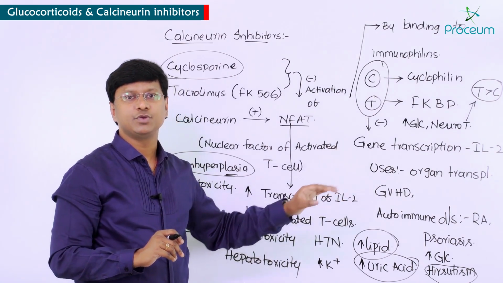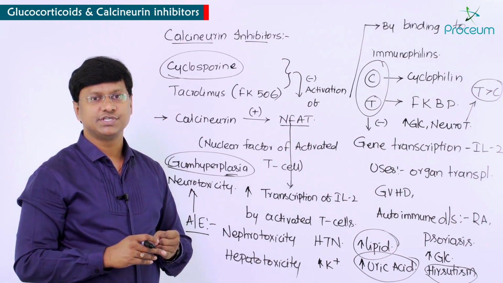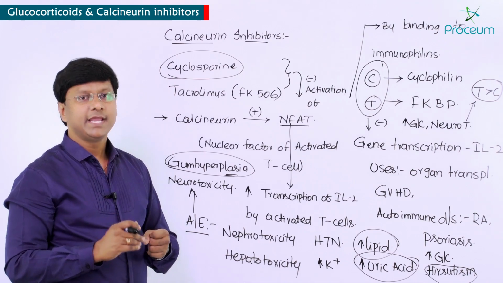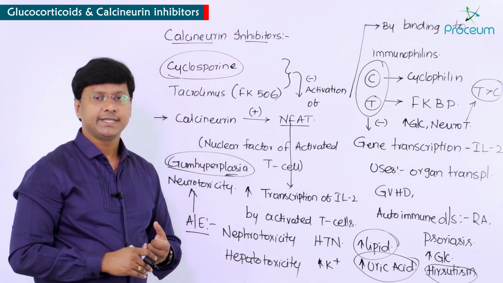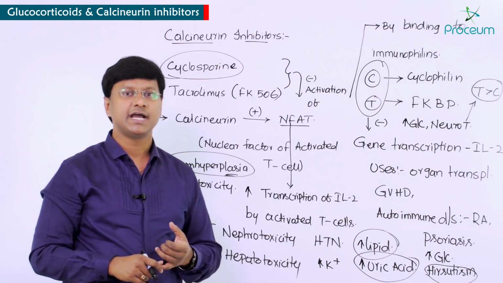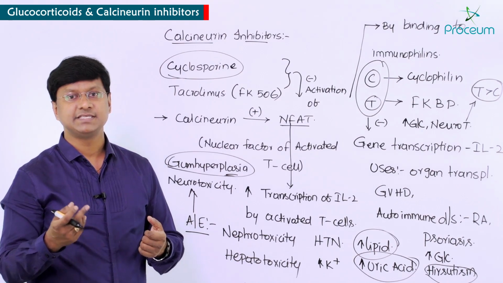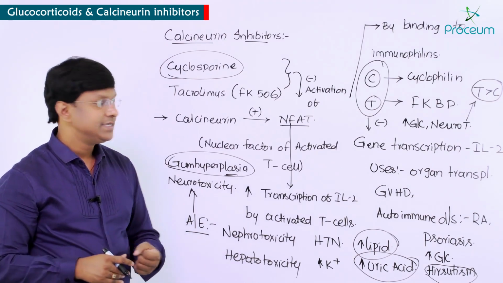They are used as immunosuppressive agents for organ transplantation, graft versus host disease, and some autoimmune diseases like rheumatoid arthritis and psoriasis. The adverse effects of cyclosporin in particular include nephrotoxicity, hepatotoxicity, hypertension, hyperkalemia, hyperlipidemia, hyperuricemia, hyperglycemia, hirsutism, gum hyperplasia and neurotoxicity.